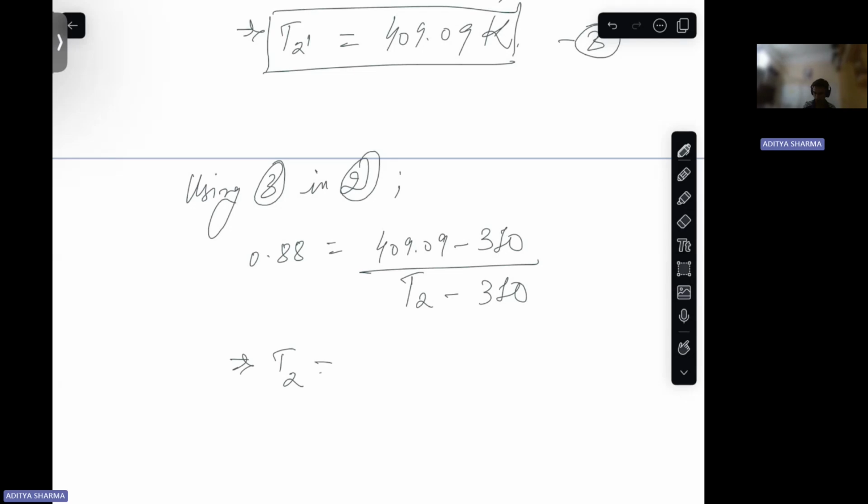So please calculate this. So I'm getting 422.6 Kelvin.